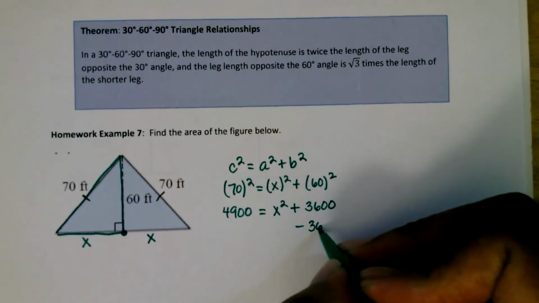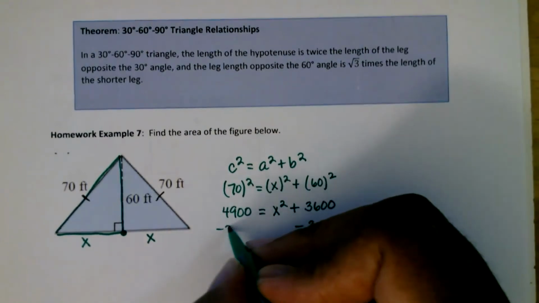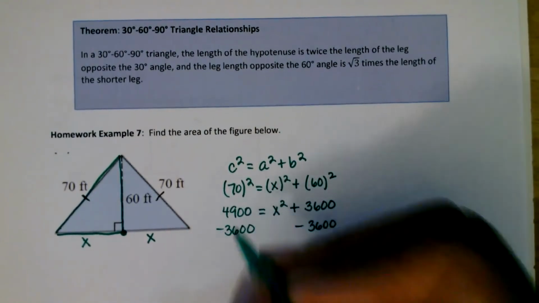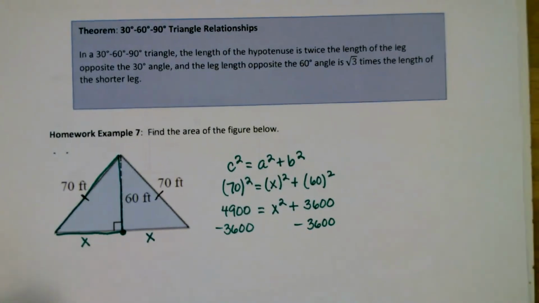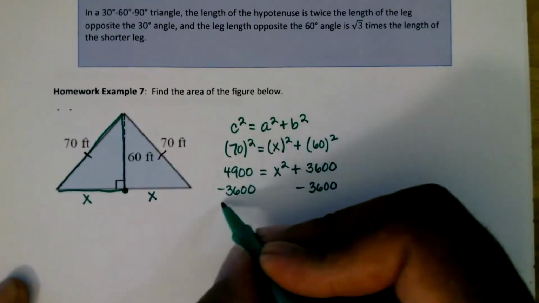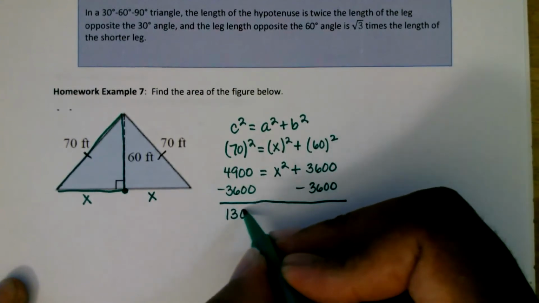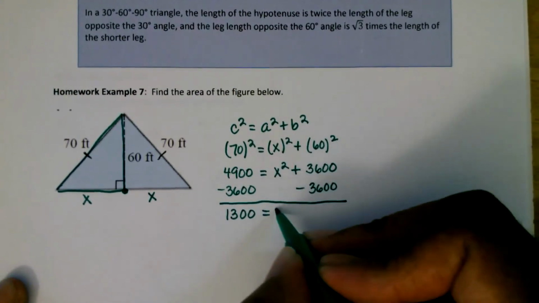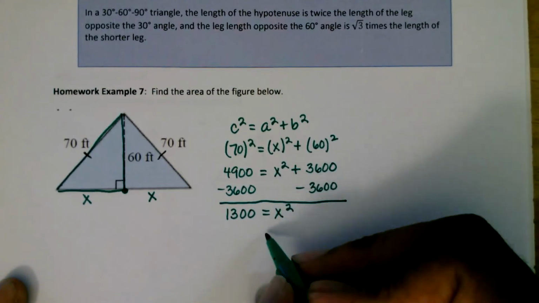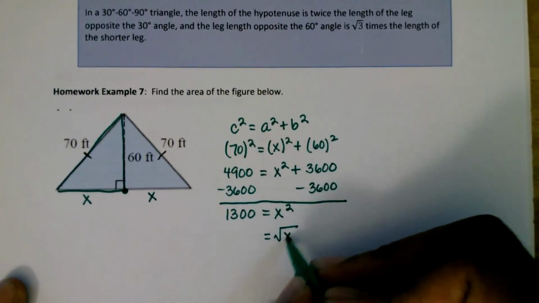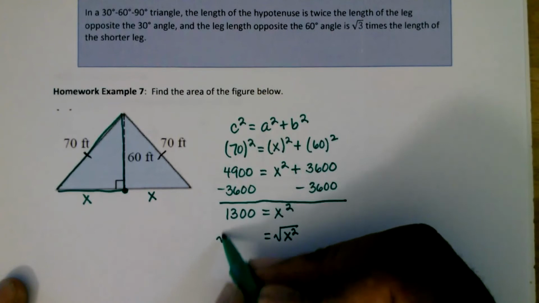Now if we subtract 3,600 on both sides, that would mean this will be 1,300 equaling x squared. And then we take the square root on both sides.